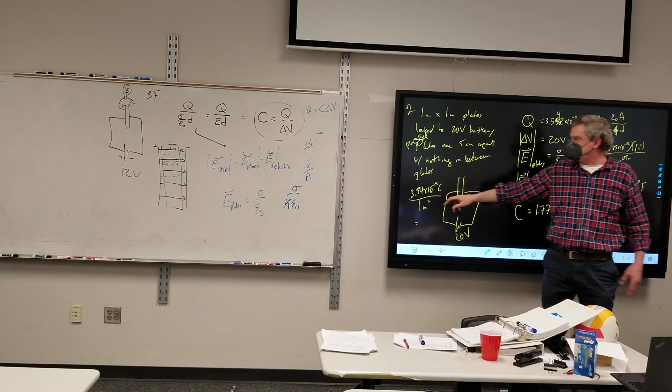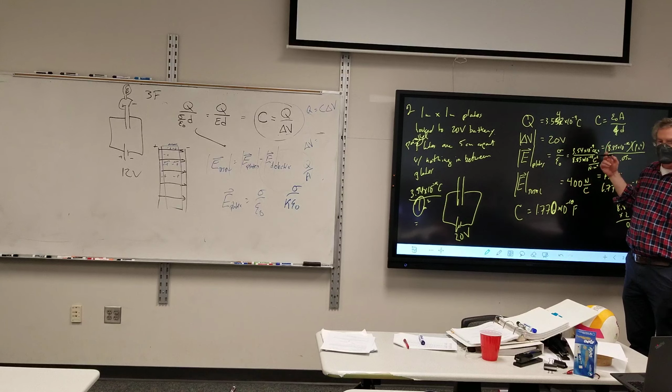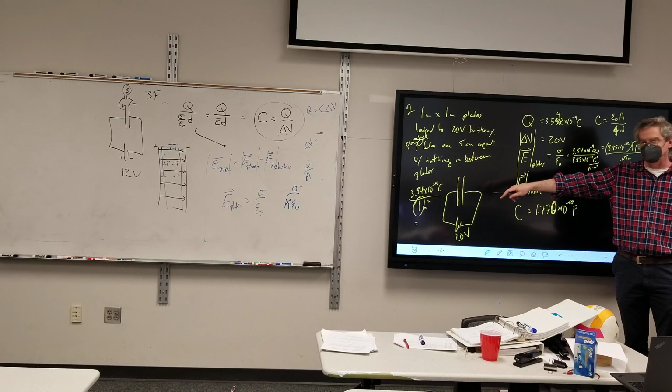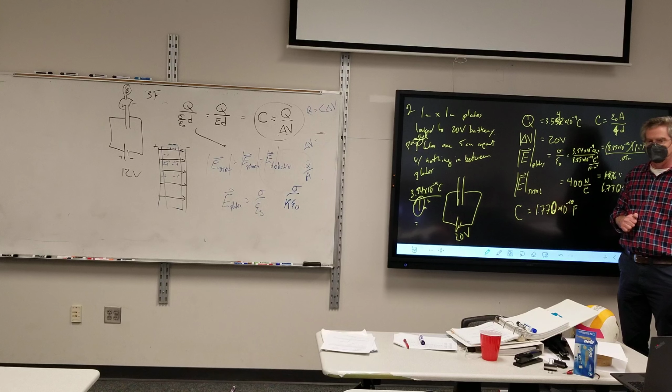My surface charge density would have been something other than 1 there, so it depends on how you're working it. If you find sigma first, then you've already taken into account the area. Did that answer your question? Yeah.